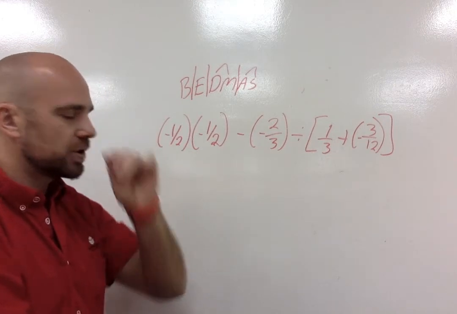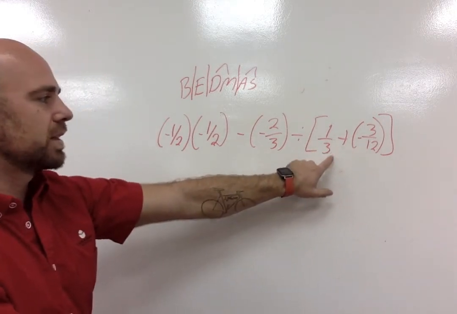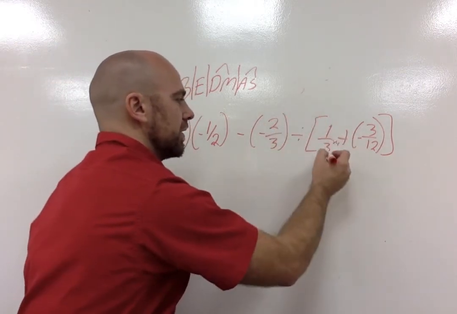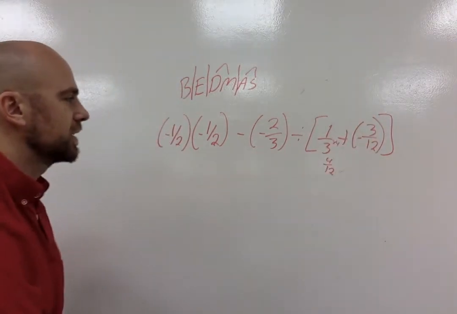I'm going to have to make sure that I have common denominators. Okay. So I have 3 and 12. I can make this one 12. So I'm going to multiply both of these by 4. That's going to give me 4 over 12. So now I can actually add them.